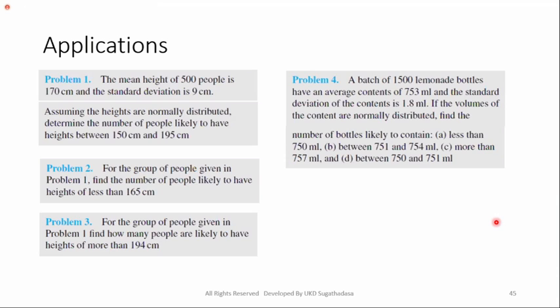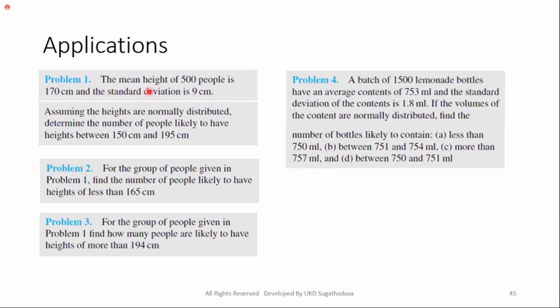Similarly, you can do the final part also: height greater than 195 for the group of people given in problem one. The same mean and standard deviation can be used. How many people are likely to have height more than 195 centimeters? This time, I think we cannot expect many people, because the mean is 170 centimeters and the standard deviation is 9.